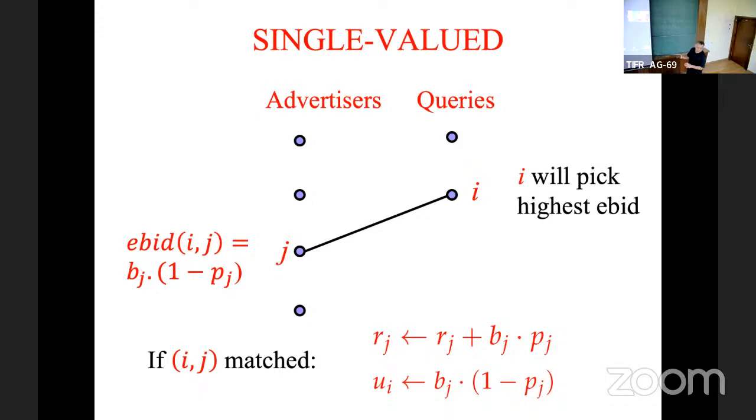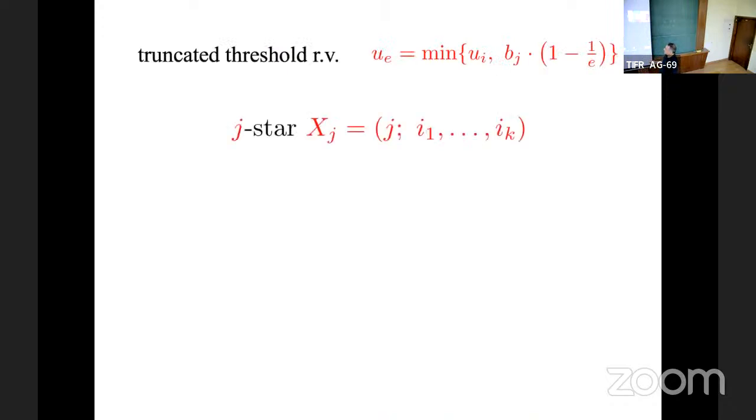So although the bid may be small, maybe 1 minus p_j is very large. So which one wins depends not only on the bid, but also on p_j, and p_j is randomly flipped. So basically it does the job of balancing.